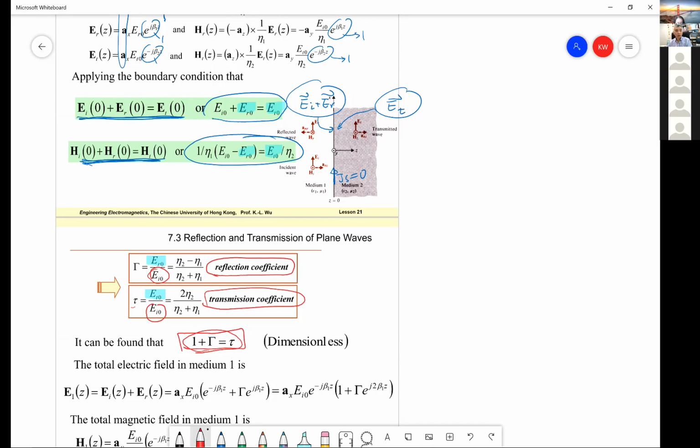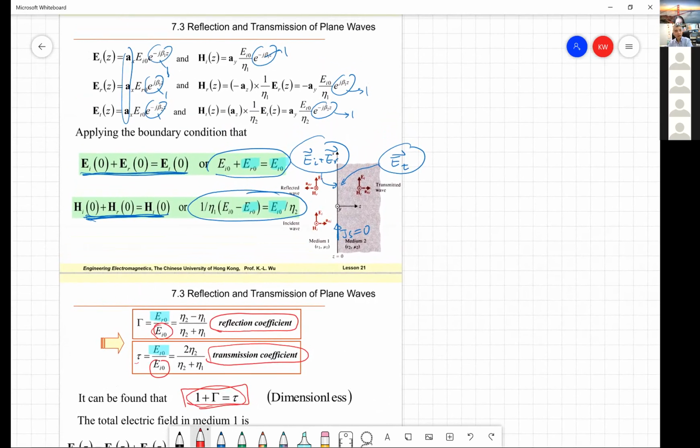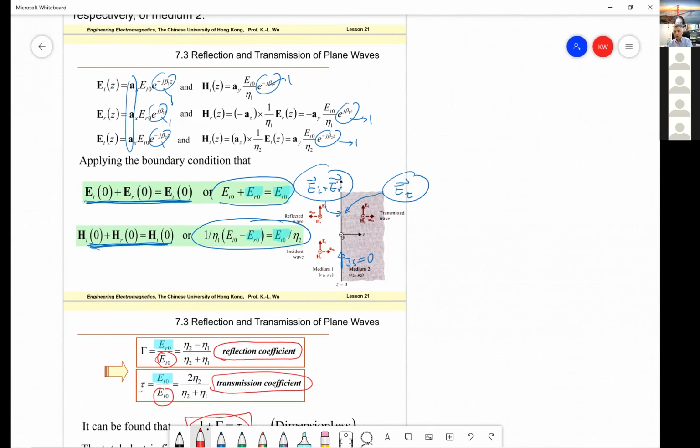Now it's time to stop here. May I ask you to derive this simple relation by yourself from these two equations? This is one of the homeworks this week.